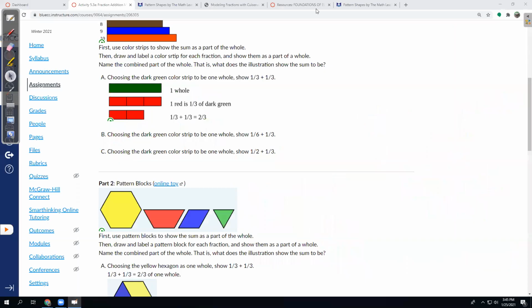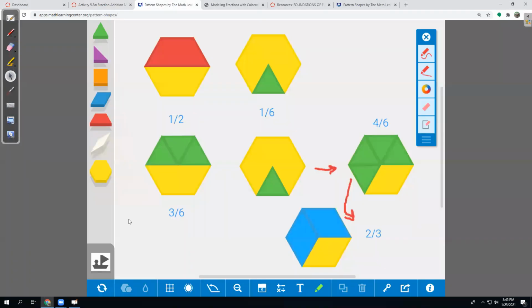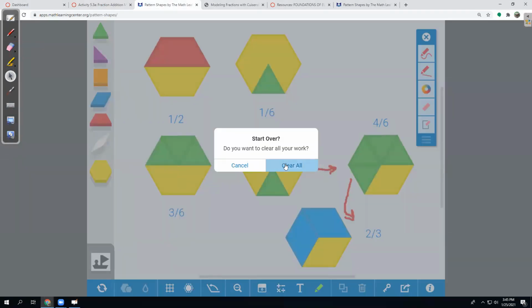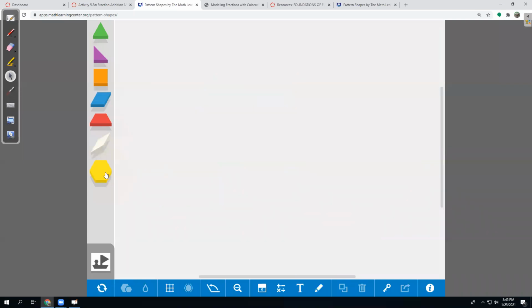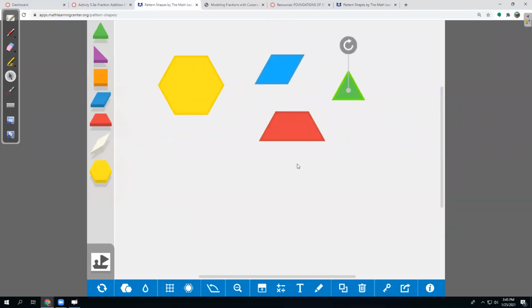Okay, show desktop. Let's clear this one, yes. So if I wanna show 3/4, can I do that? Well, this guy here is a third, so that won't work. This one here is a half, so that won't work. This one here is a sixth, so that won't work either.